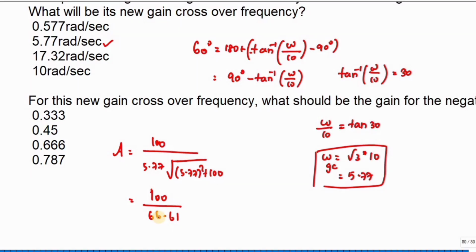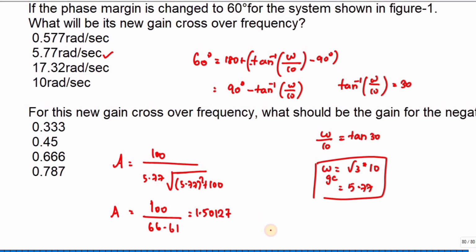If I solve this, I will get the answer as 100 divided by 66.61, which is 1.50127. So the gain margin is equal to 1 divided by A, so we will get the answer as 0.666.